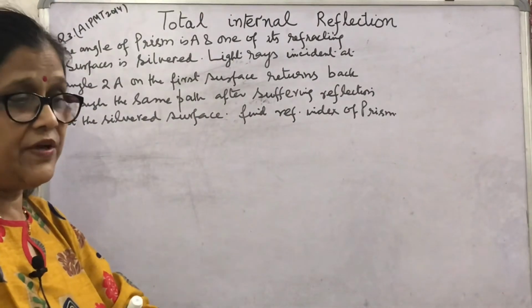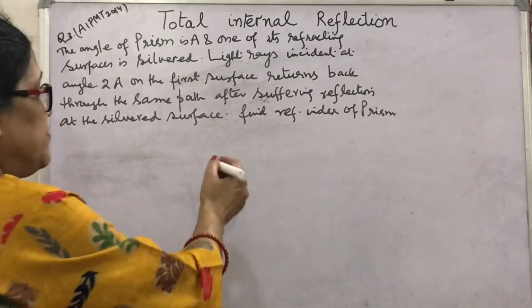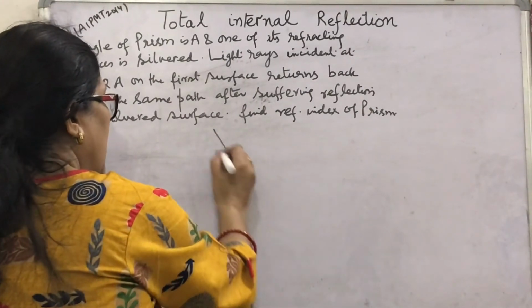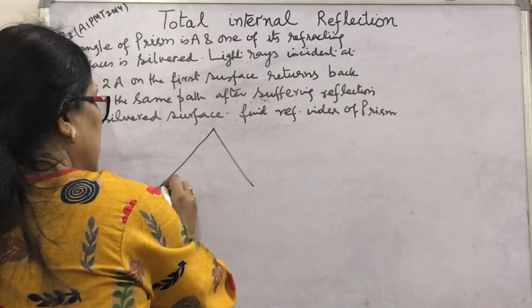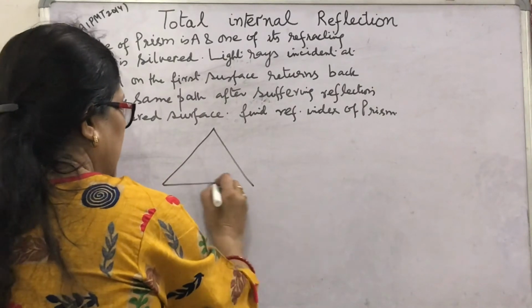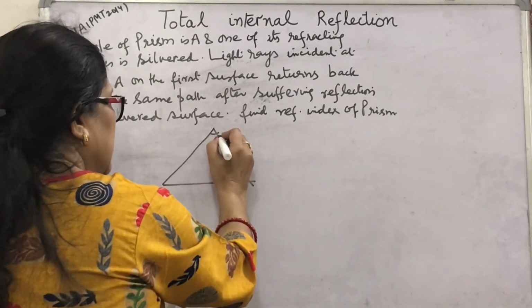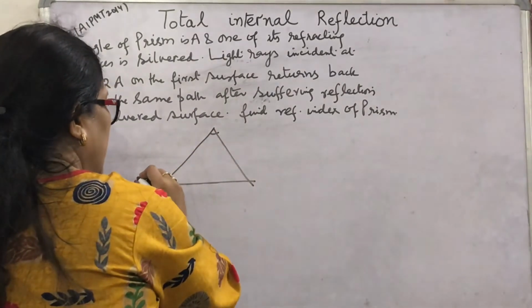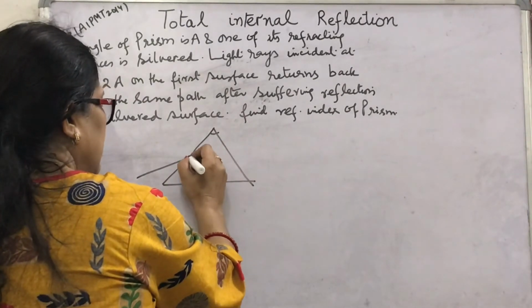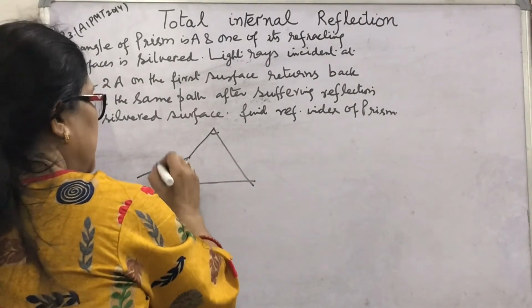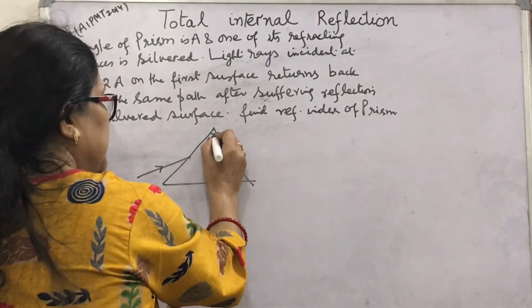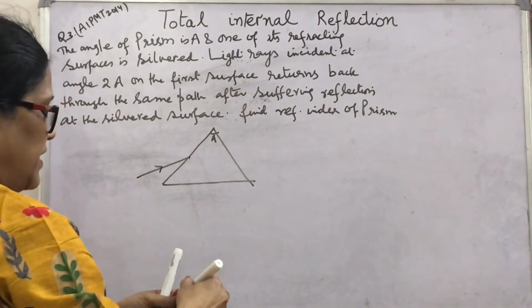How will you draw the figure? Look, you have to show the prism having one surface silvered, and angle of incidence for the light ray at the surface which is unsilvered is 2A and angle of prism is A, as I have shown here.